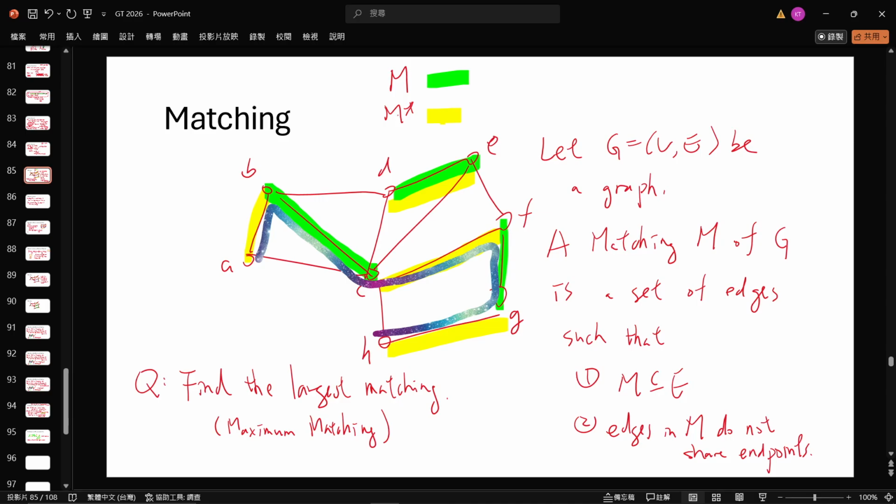If we ignore these edges which are not in M and not in M star, and we only consider the yellow ones and the green ones, then the degree is at most 2, because each is a matching, so every vertex is adjacent to at most 1 yellow edge and at most 1 green edge, which makes it at most 2.